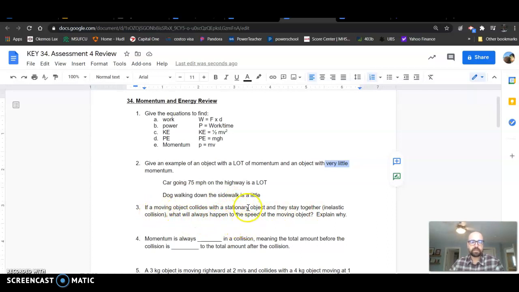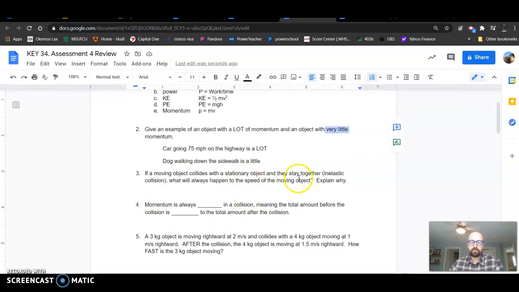Now here, moving object collides with a stationary object, they stay together. So that's an inelastic collision. I don't need you to know that term, but what will always happen to the speed of the moving object? So this one is moving, hits this one, and they move together. So always, in this situation, the speed will decrease because more mass is moving.